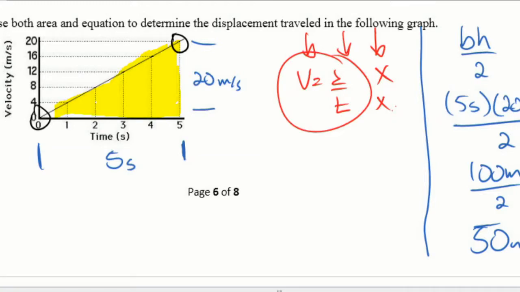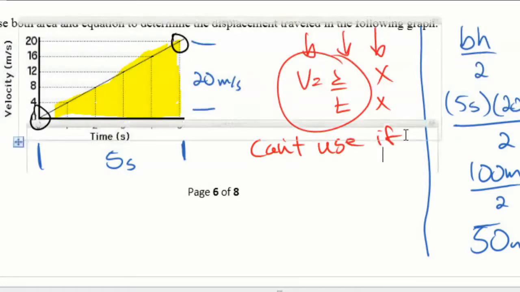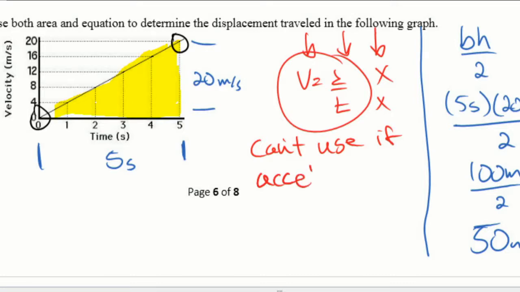In order to use a formula to solve this, we're going to have to find the acceleration, and then we're going to have to take a step back and find the distance traveled from the acceleration. I'll write a little note in here. Can't use if accelerating.